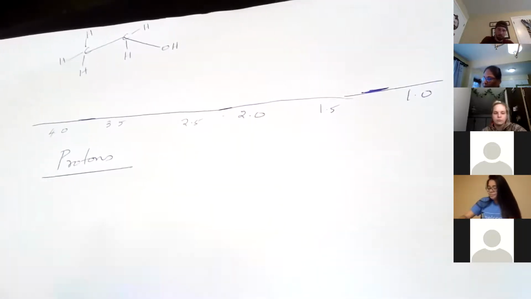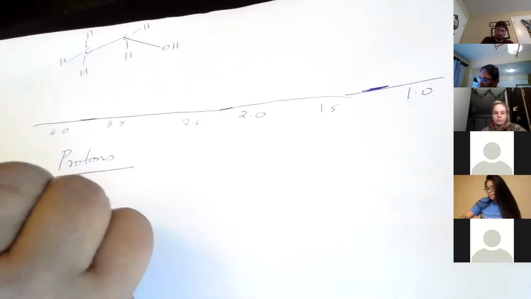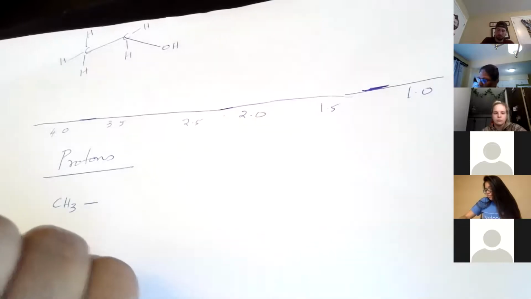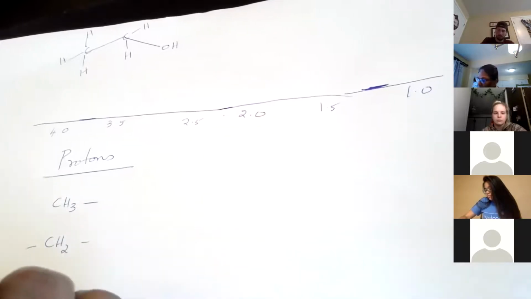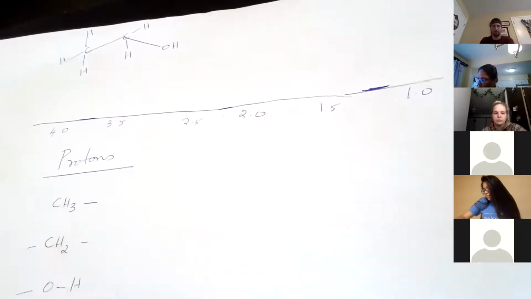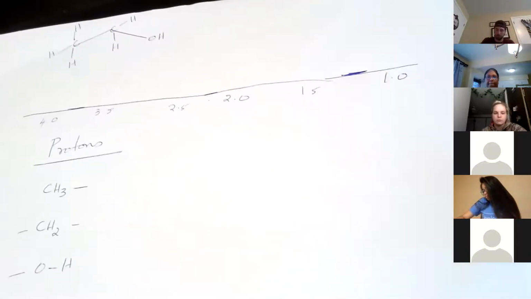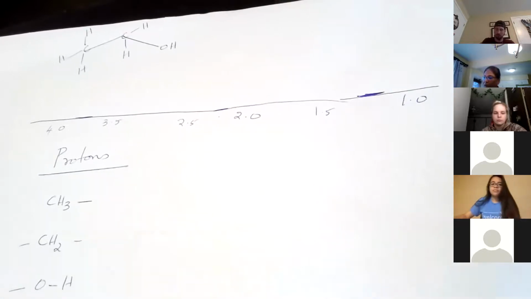You have the methyl, CH3, the CH2, and then OH. Now, just like Hutch, I'm going to label these. I'll remove my hand and you'll be able to see it better.